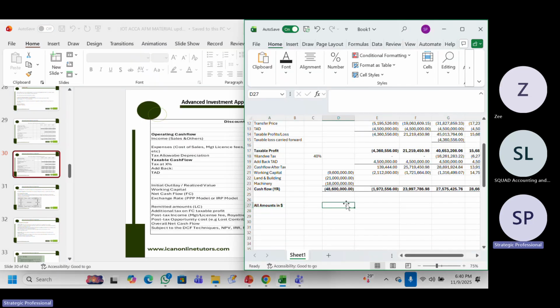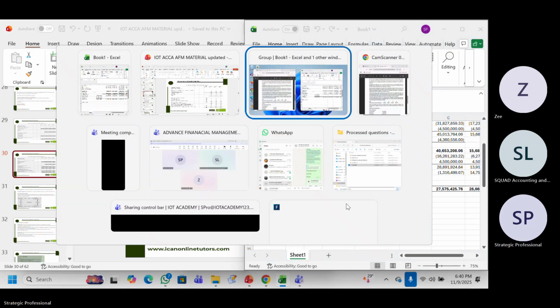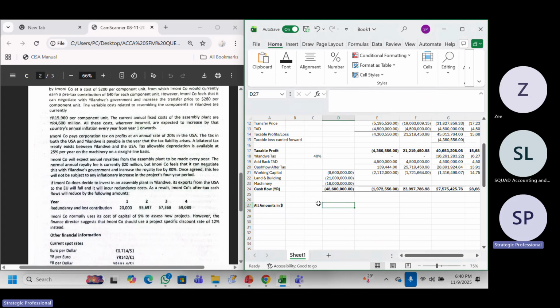Now, what's the exchange rate in Yilande currency to dollar? Please, can you help me with that? If I convert into dollar from the local currency, what's the exchange rate?